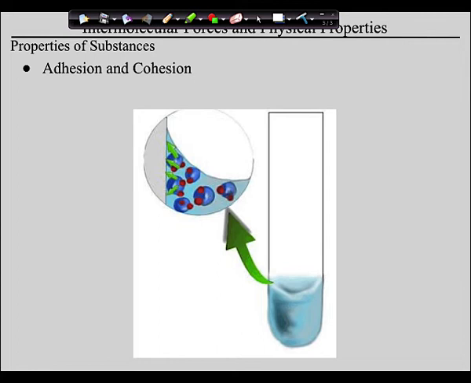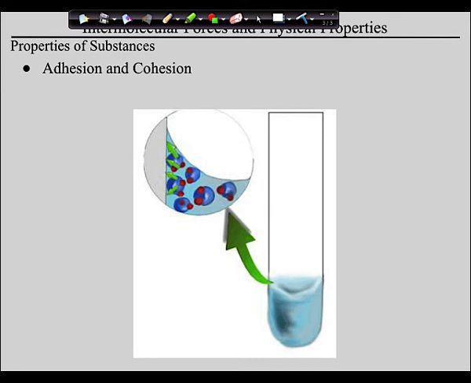Well, these water molecules are being attracted to the glass. What is that force of attraction? They are intermolecular forces, and they are drawing the water up the sides of the glass. So what do you now know to be true about the molecules in the glass? They're also polar, and those forces of attraction draw the water up the side of the glass.